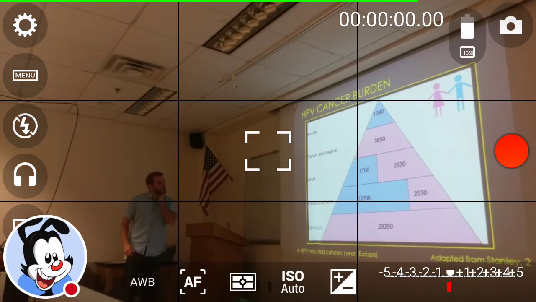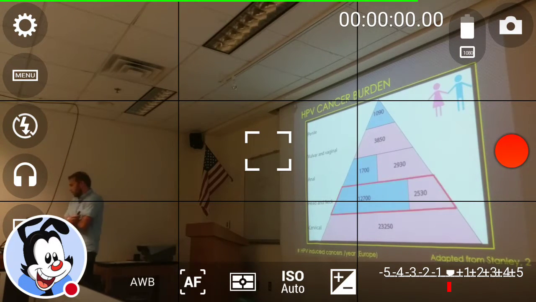Anyway, I think everybody knows that they cause cervical cancer, but there's a dramatic increase in head and neck cancer due to this virus, and for reasons that we don't really know, although there's some hypothesis about it, primarily younger men are at risk of getting head and neck cancer because of this virus.